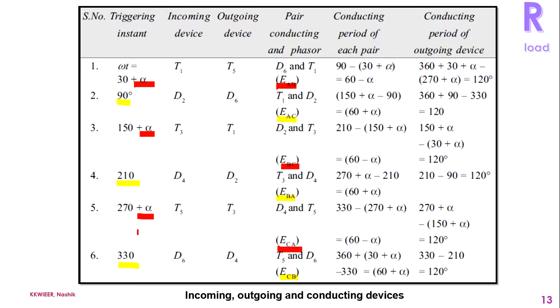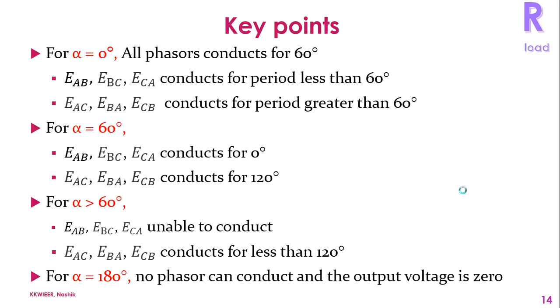So each device conducts for 120 degrees. The phasors EAB, EBC and ECA conduct for 60 minus alpha, whereas phasors EAC, EBA and ECB conduct for 60 plus alpha. So the total conduction period of EAB plus EAC, EBC plus EBA and ECA plus ECB is 120 degrees. So for alpha equal to 0 degrees, all phasors conduct for 60 degrees.